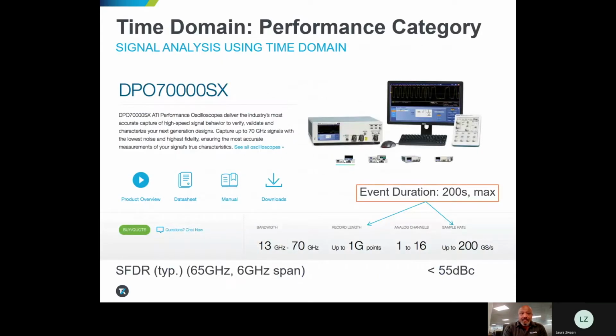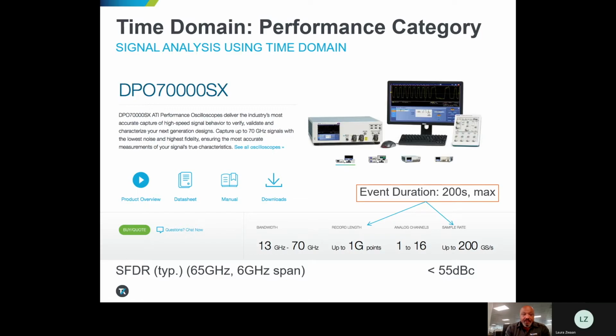So with respect to time domain, the DPO 70KSX series provides you, the customer, the ability to measure performance of waveforms and ascertain what the rise and fall times are, as well as delay or distortion across strong signal level values to make a determination how your unit under test is performing.